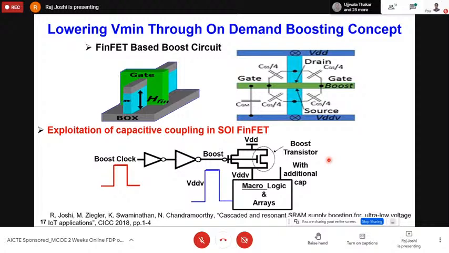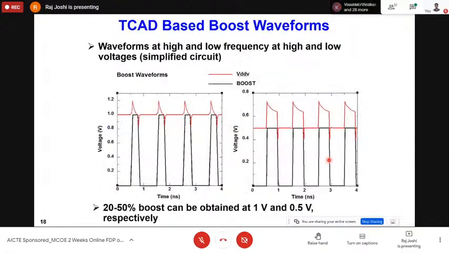You don't need it for the full cycle, just only when you need it. That's the whole advantage of this. Okay, so you can see this, right? You get a glitch when it is on, it goes down, and then again, when the cycle is on, it goes down. So this is the higher voltage that you see.